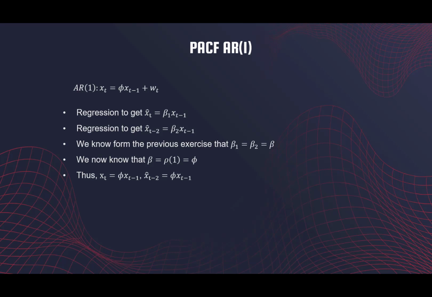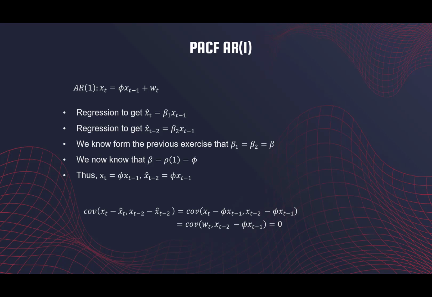So we know that, there's a hat missing here. Let me go ahead and, okay, I'm not able to edit this. So x hat_t is phi times x_{t-1} and x hat_{t-2} is this.